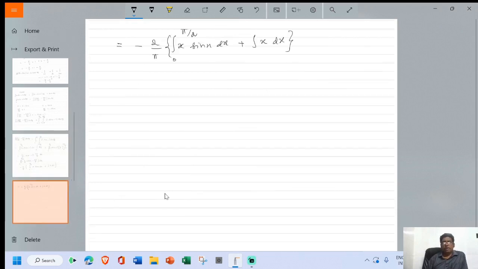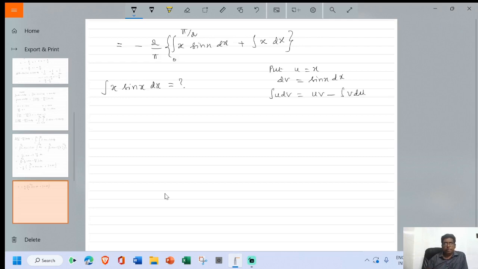Now we have to integrate this. First, x sin x dx equals what? Evaluate this. Put u equal to x, then dv equal to sin x dx. The integral of u dv is equal to uv minus the integral of v du.